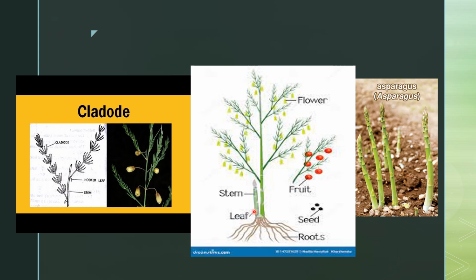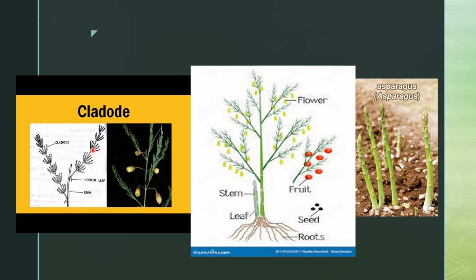Okay, this is a stem of the asparagus plant, and there you can see these leaf-like structures are not true leaves. This is a cladode. It's a modified stem.